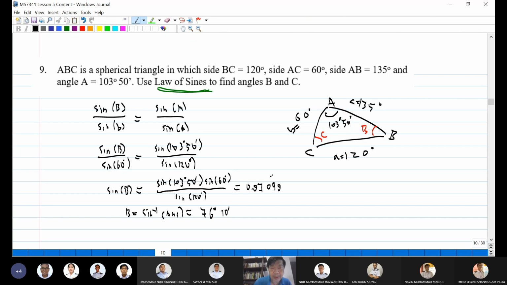Okay, so we know angle B is a smaller angle, so the other one you can reject, right? You can also remember the sine law. Sine law says that if you have two angles, this is angle theta here, and this is 180 minus theta here.